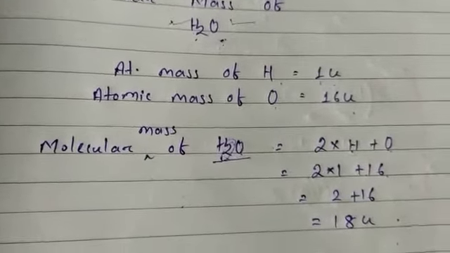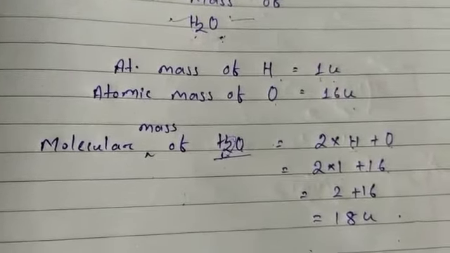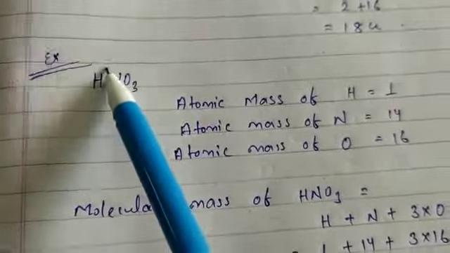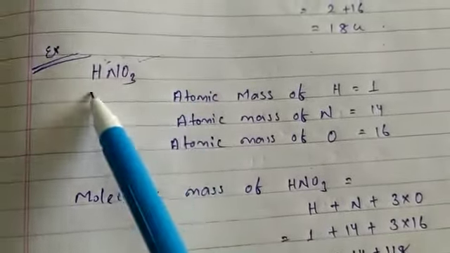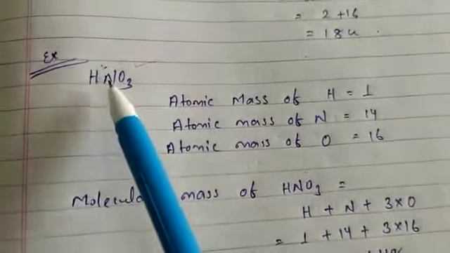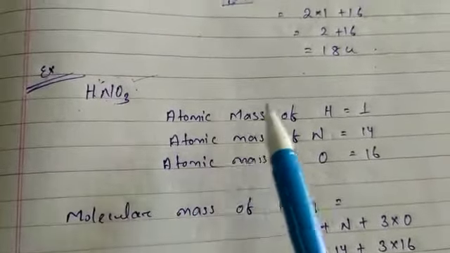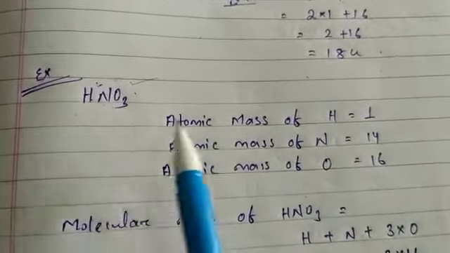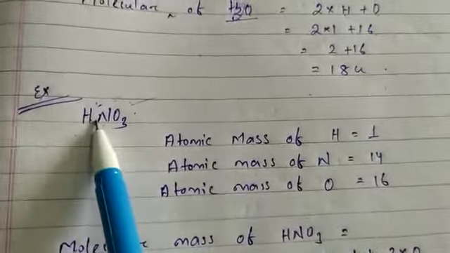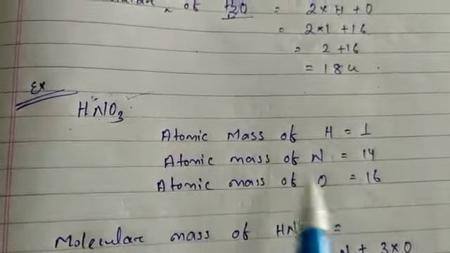Similarly, let us take another example, HNO3. Here three elements are there: hydrogen, nitrogen and oxygen. The atomic mass of hydrogen is 1, nitrogen is 14 and oxygen is 16.